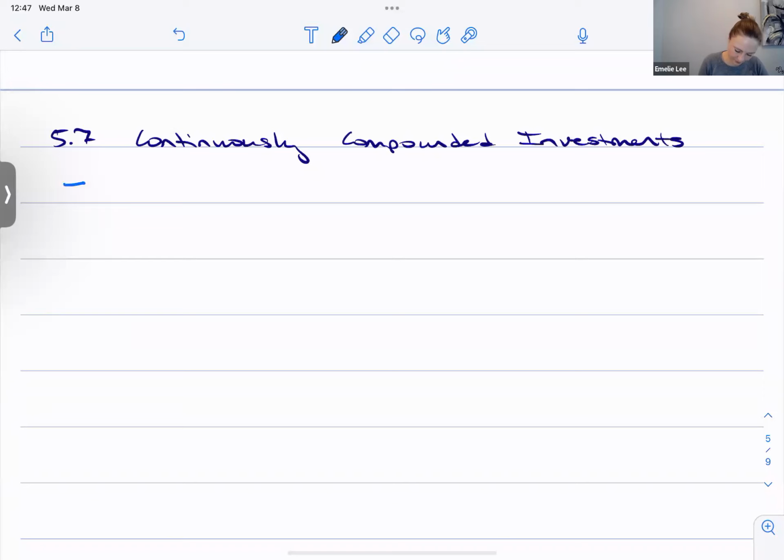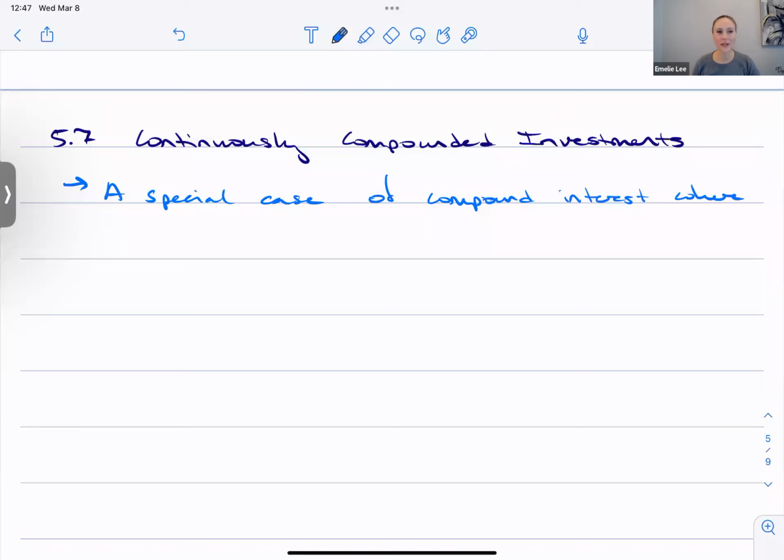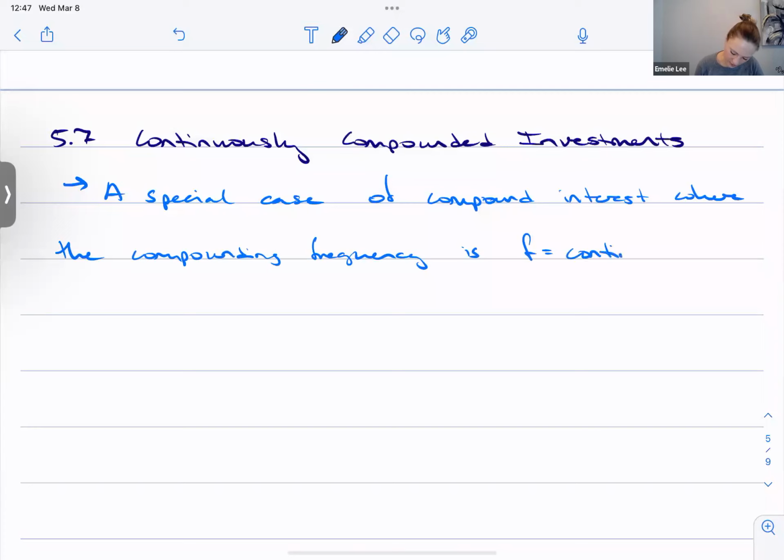It's a special case of compound interest, of course, where the compounding frequency is continuously. Where the compounding frequency F equals continuously.